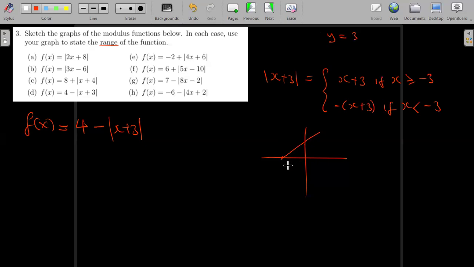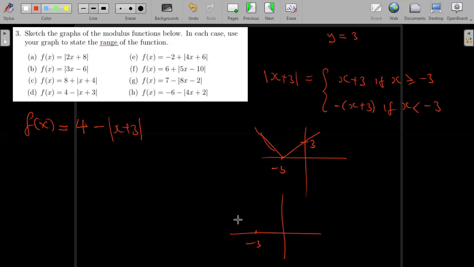Here, this point is negative 3, and where it's cut is 3. So this is how the graph of modulus of x plus 3 is going to look. But then I have this vertical shift, so I am moving 4 units, positive, in the y-axis from my starting point. So what does that mean? I just draw this here.